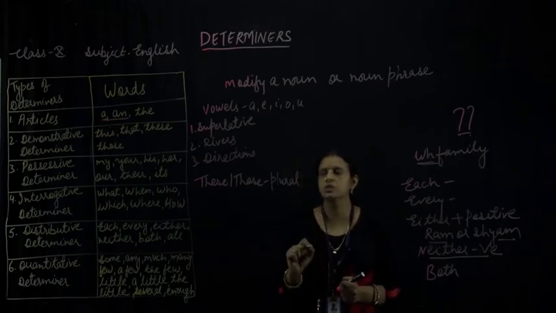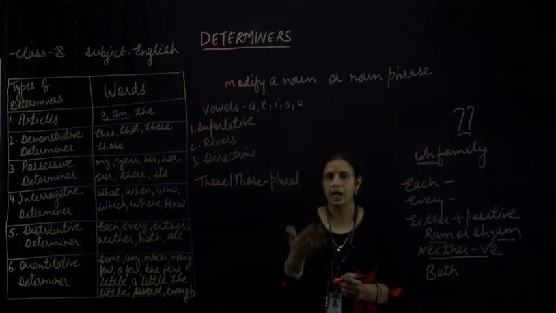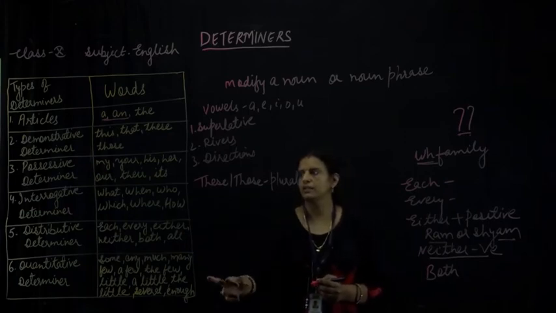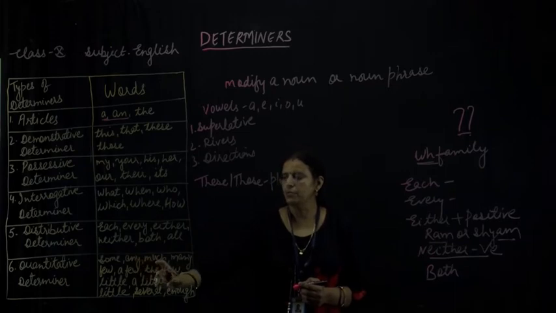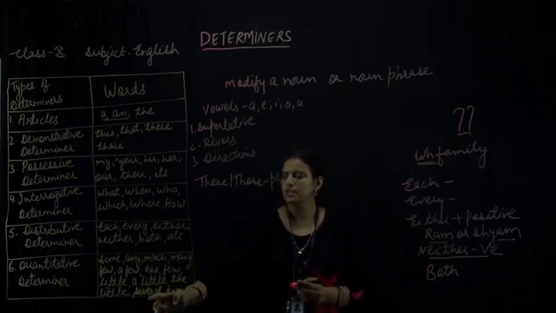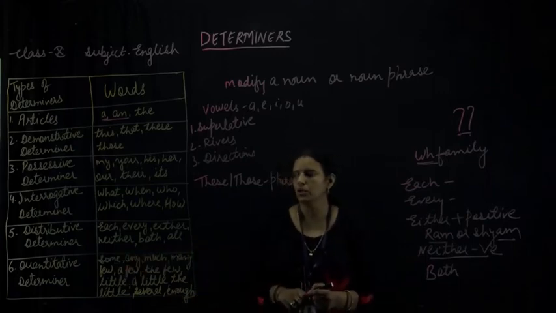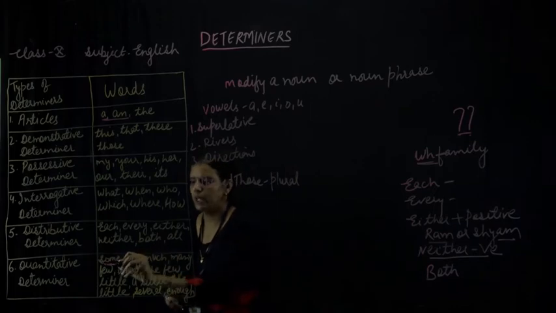And last and the most important is the quantitative determiner, and a large number of words are there in this category. Okay, like some, any, much, many, few, a few, the few, little, a little, the little, several and enough. Okay, now first we will take some and any.